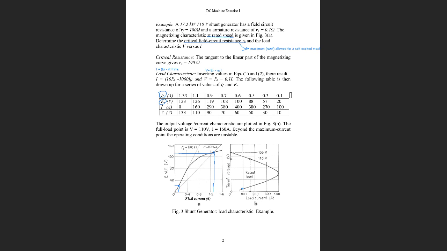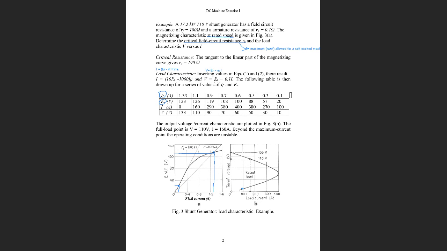So we are exactly following the equations we listed above. We first give field currents, and from these curves we can check the internal generated voltage for the given field current. We can estimate the loading currents, and with the loading currents and the internal generated voltage, we can estimate the terminal voltage.